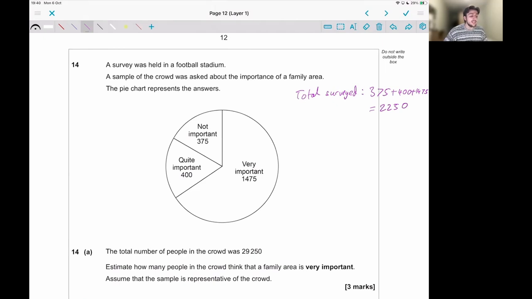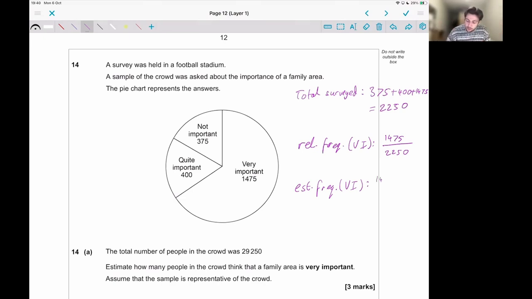So now we're going to look at the relative frequency of the thing we're being asked about. So we're being asked about very important. So what's the relative frequency of very important? Which I'm going to write as rel freq of very important. Well, we're going to take the frequency and we're going to divide it by the total. That's our relative frequency. Then our estimated frequency, which I'm going to write as est freq of very important, is going to be taking that relative frequency and multiplying it by the new total.